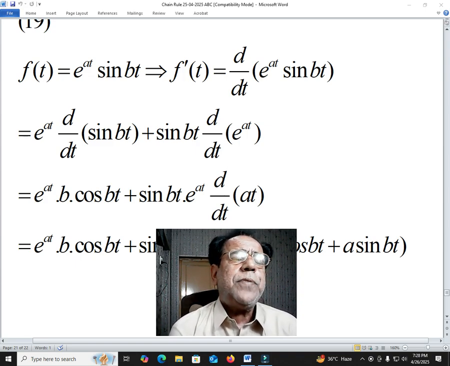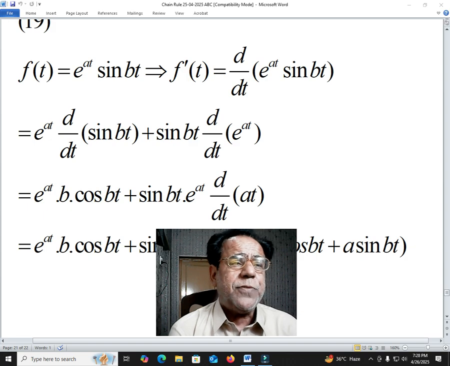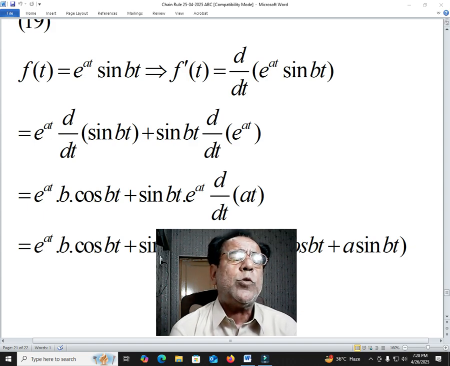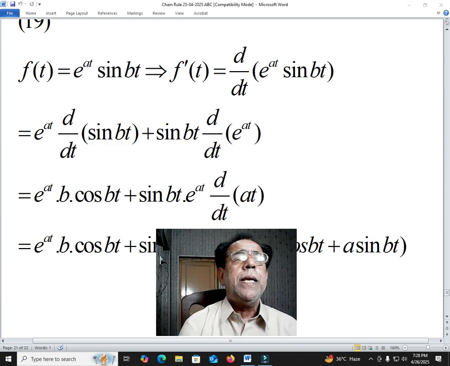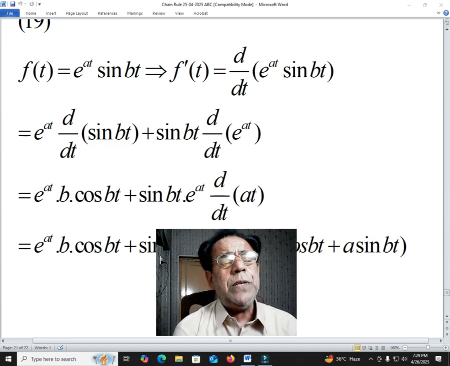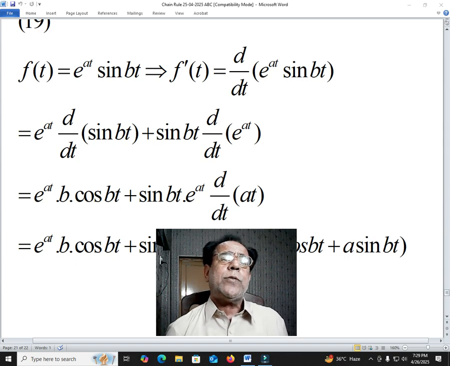So in the first step we will keep e raised to power at as it is, and we will differentiate sin(bt), plus we will keep sin(bt) as it is, and we will differentiate e raised to power at.